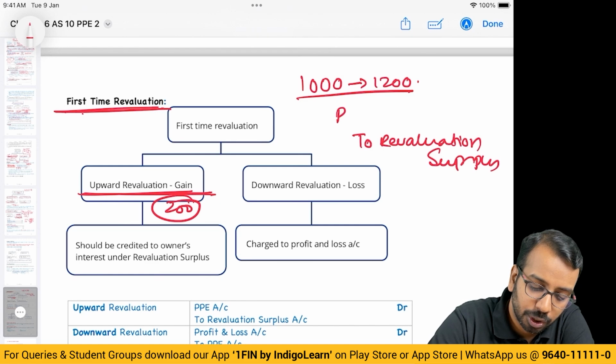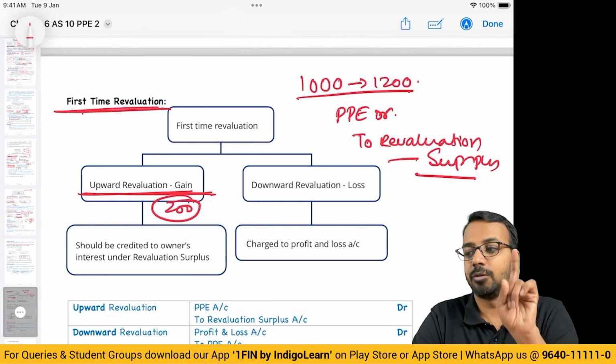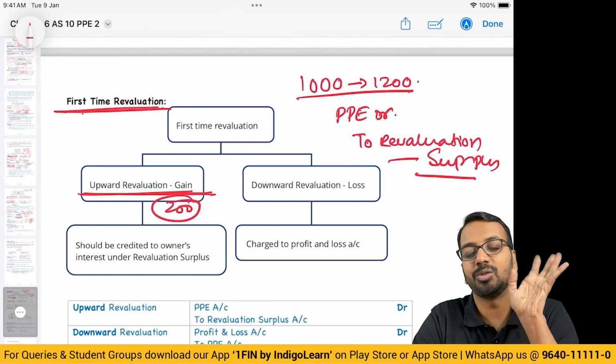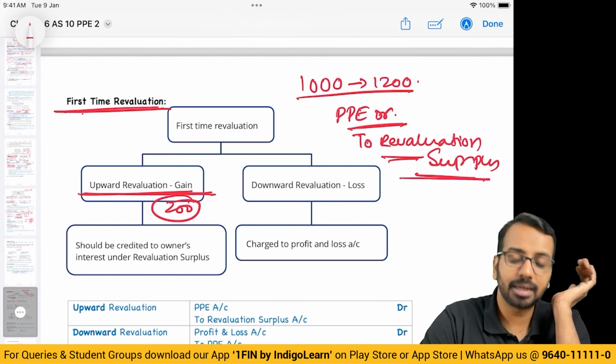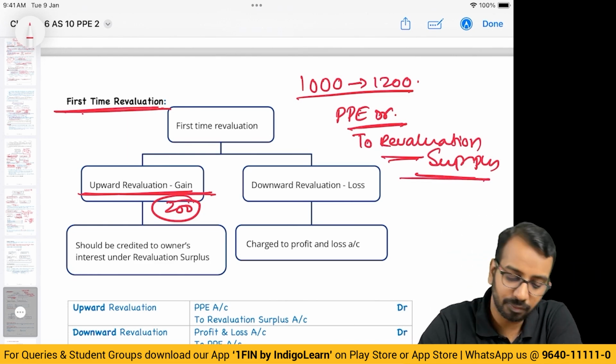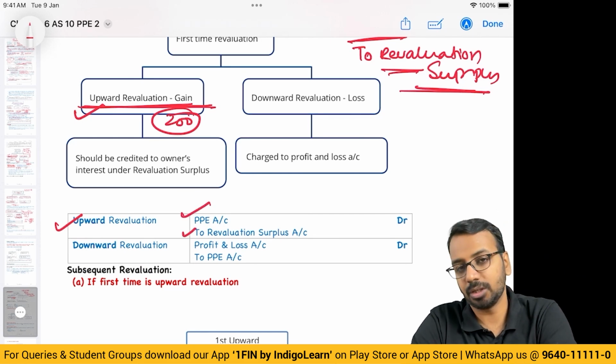So you will debit PPE and you will credit revaluation surplus. You can never take this to P&L. That is the first thing. So upward revaluation, first time, debit PPE, credit revaluation surplus.